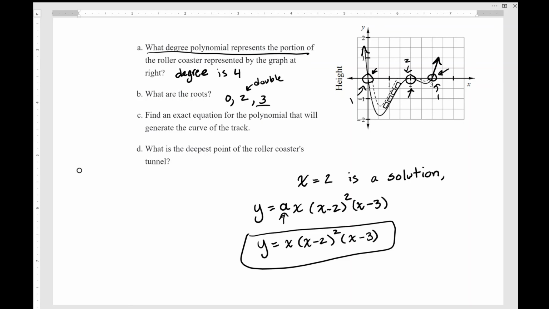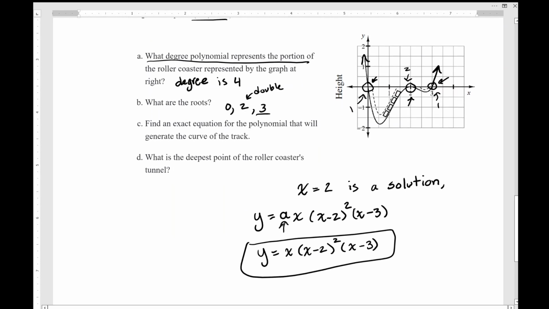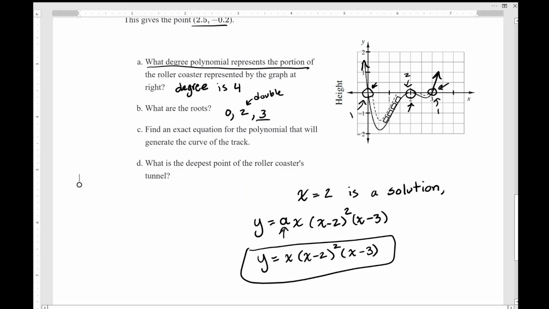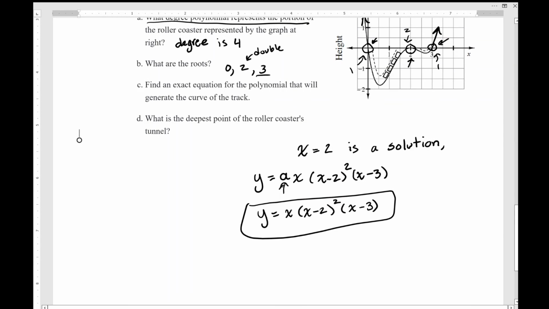Now, in the next few problems, I'm trying to remember what the problems look like without going to look at them. But in the next few problems, they will actually give you some points, some roots.